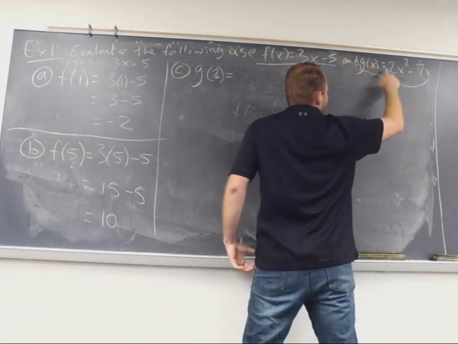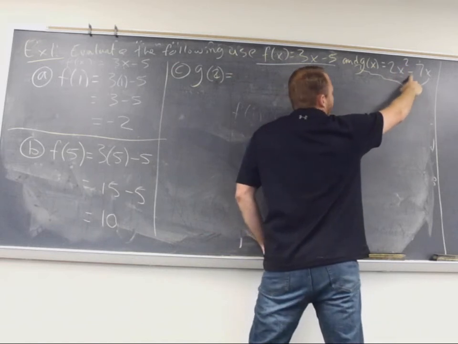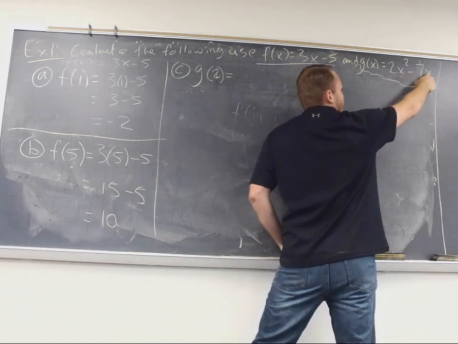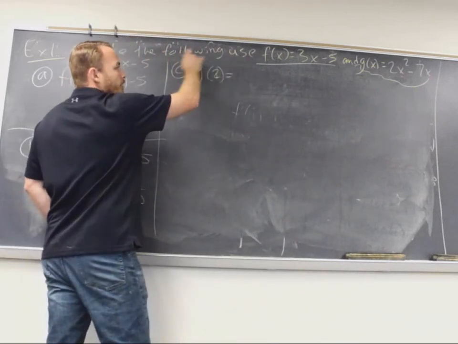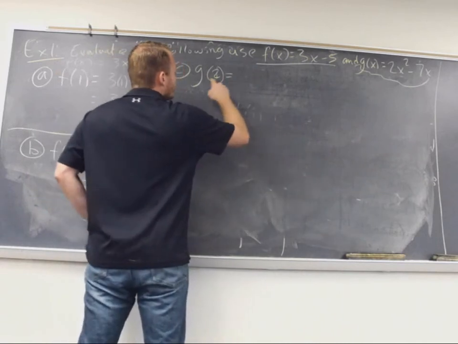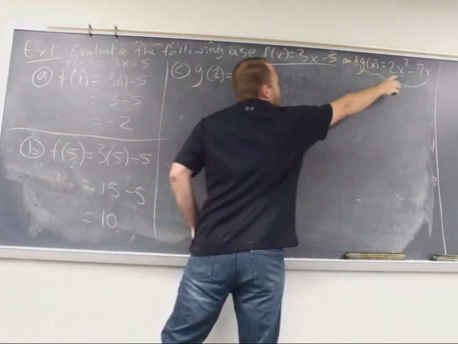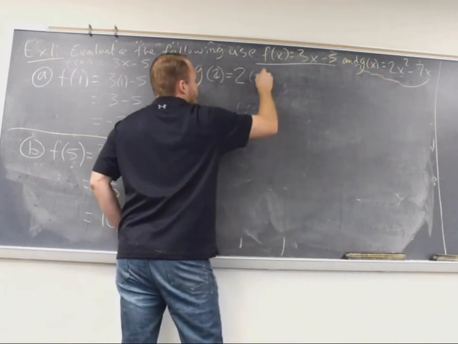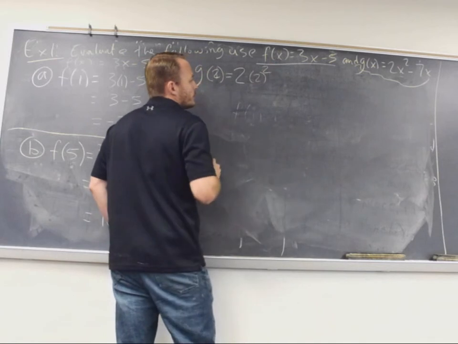So g of 2 is equal to 2 times x squared, that x is a 2 now, minus 7 times x, and that x is a 2 now also. Again, if it helps, you can write above it the function you're using, just to help out in the beginning here. So g of 2 means you get 2 times x, that x is 2 now. And then that 2 is squared.